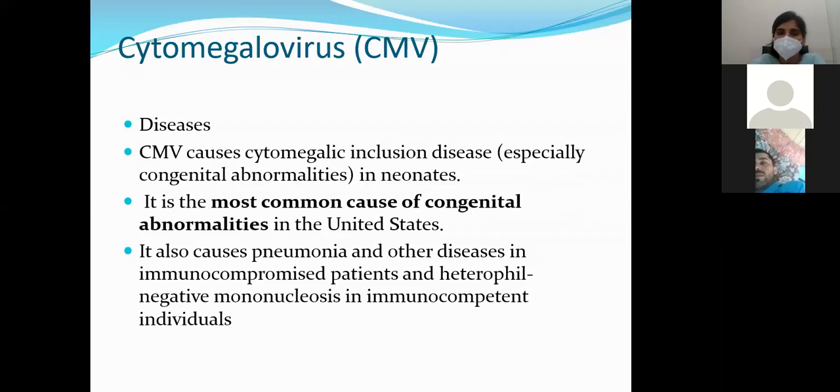It also causes pneumonia and other diseases in immunocompromised patients and heterophile negative mononucleosis in immunocompetent individuals. Heterophile negative mononucleosis is actually mononucleosis in which the heterophile antibodies are negative.